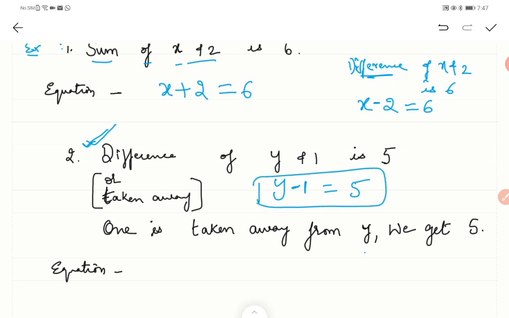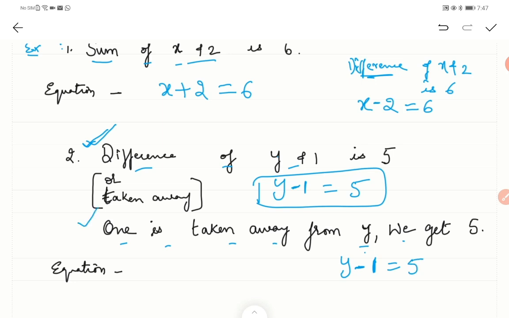It's very simple. You just need to understand the statement and write it. Sometimes they'll ask the same question in another form, like 1 is taken away from y, we get 5. What does 1 taken away from y mean? It means we took 1 out of y, that is minus 1, and we are getting 5.